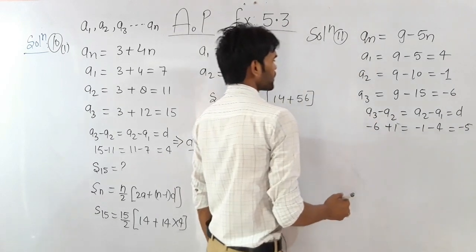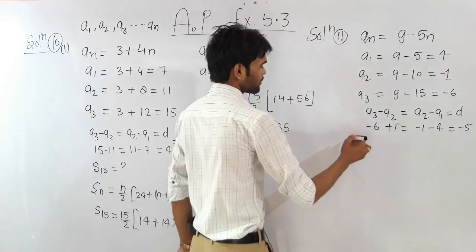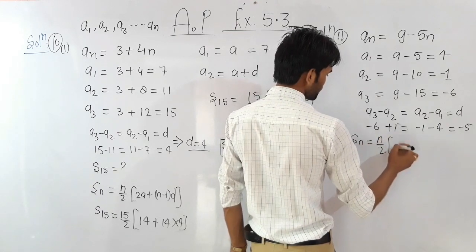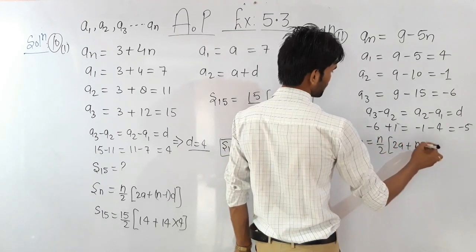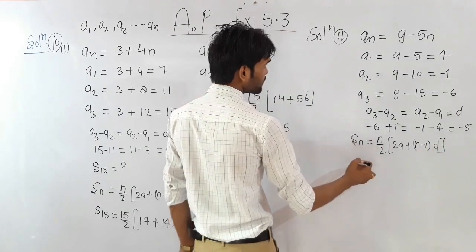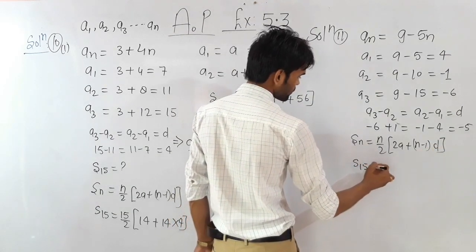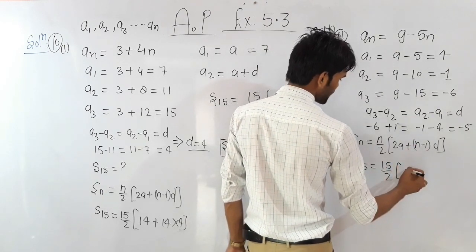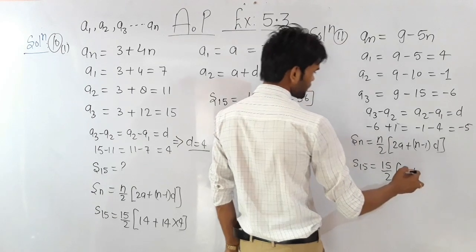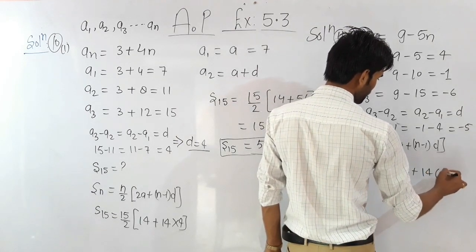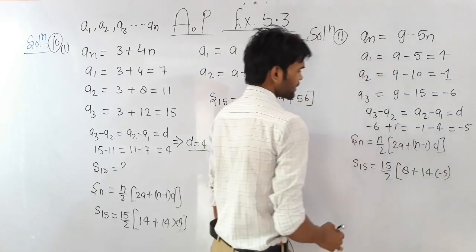Now using the formula Sn is equal to n by 2 into 2a plus n minus 1 into d, it will become S15 is equal to 15 by 2 into 2a, which means 2 times 4 is 8, plus 14 into d, where d is minus 5.